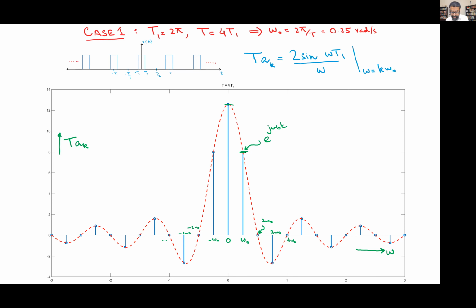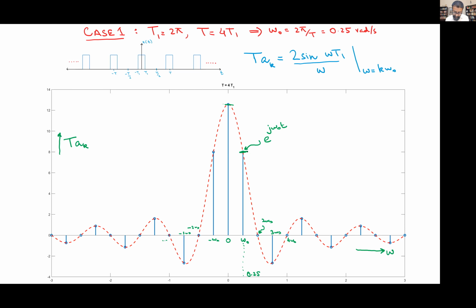On the x-axis I now have the frequency, so omega naught, as I noted earlier, is 0.25 radians per second, and the complex exponential at that frequency has a contribution equal to this.